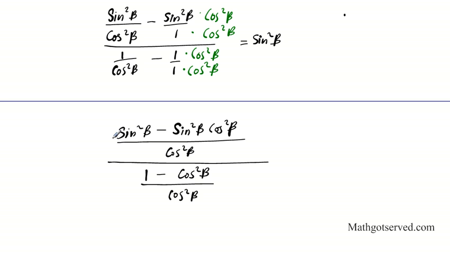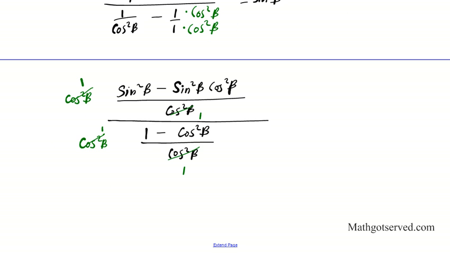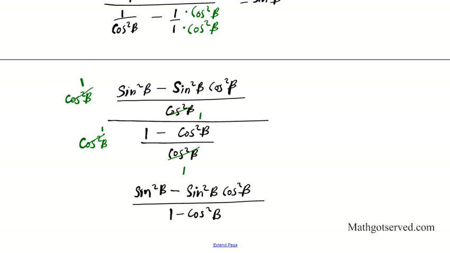If you look at the fraction, the numerator and the denominator have the same denominator, right? So I can eliminate those two identical fractions by multiplying the numerator and the denominator by that common fractional term, which is cosine squared b. In the numerator, you notice this divides out with this denominator, and in the denominator, this also divides out with this one, okay? So we're going to be left with, on the numerator, sine squared b minus sine squared b cosine squared b, divided by, in the denominator, 1 minus cosine squared b, okay?